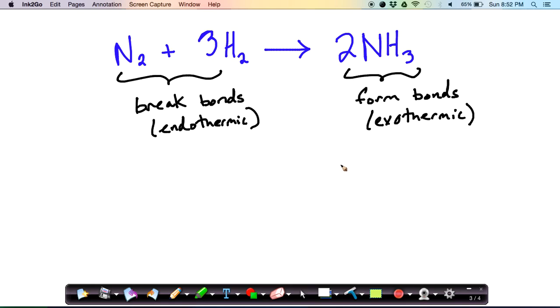So what we're interested in then is the overall either endothermicity or exothermicity of this process. So if we look at the entire chemical reaction from start to finish, are we going to have a net input of energy or a net output of energy? And so what actually happens here with this particular chemical reaction is that more energy is released when the bonds in NH3 are formed than is consumed when we break the bonds of the reactants.